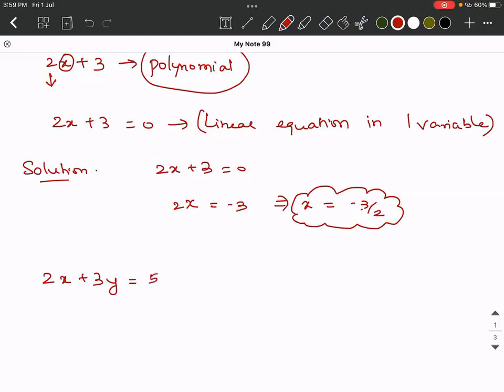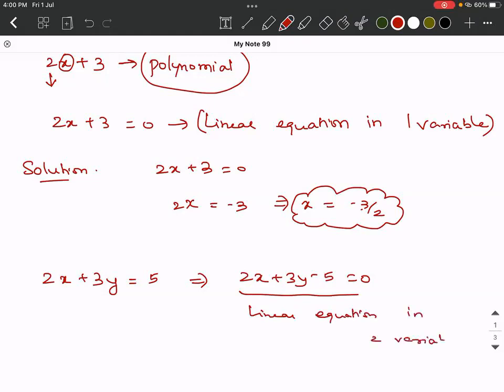The equal to sign should be there for it to be called an equation. Now, if I rearrange this, 2x plus 3y minus 5 is equal to 0. Can I call this a linear equation, but in two variables, unlike the previous situation? I'll call this a linear equation in two variables.